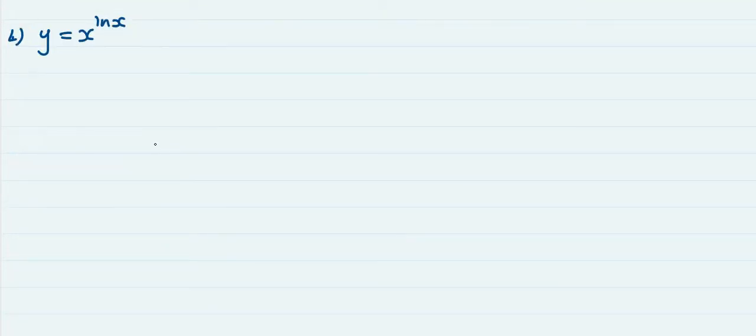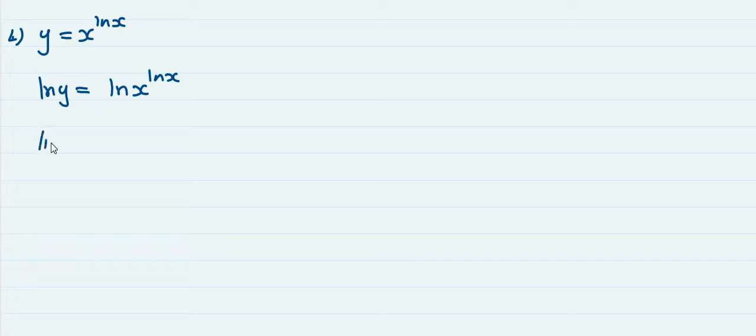Number 4: calculate dy over dx of y equals x to the exponent ln of x, with the aid of logarithms. So we introduce a log on both sides: ln y equals ln of x to the exponent ln x.